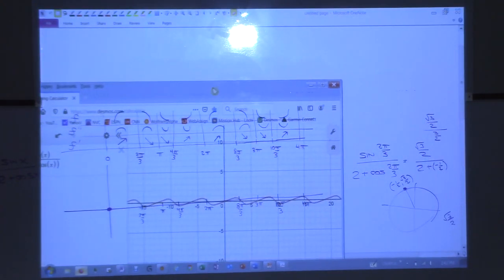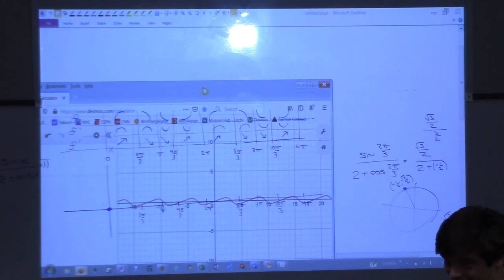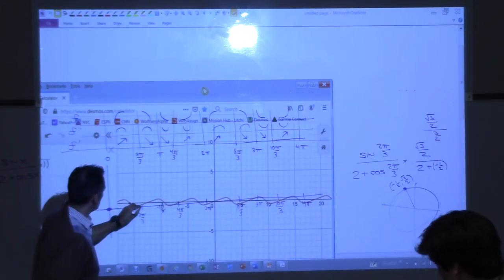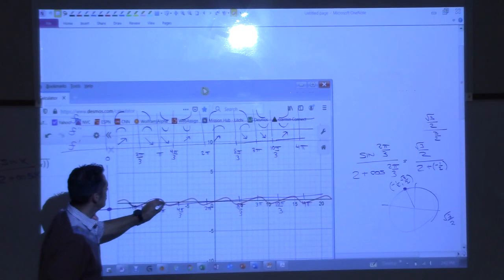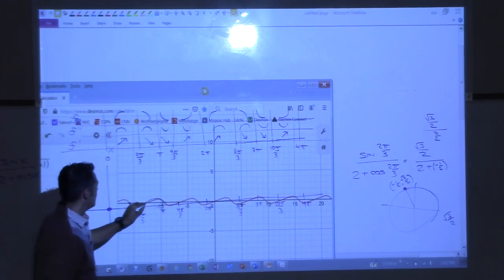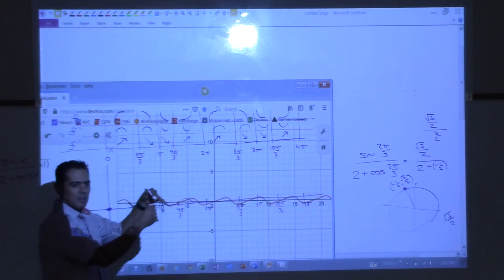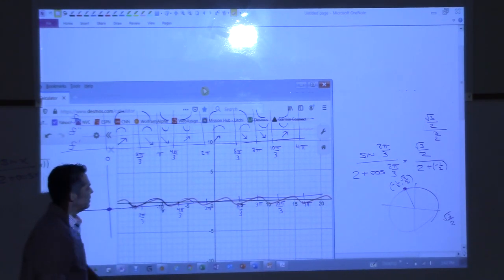See, it fits perfectly on mine. You can see that we've got local max, inflection, local min, inflection, local max, inflection, local min, inflection, local max, and it just keeps on doing that. So it is what it is.